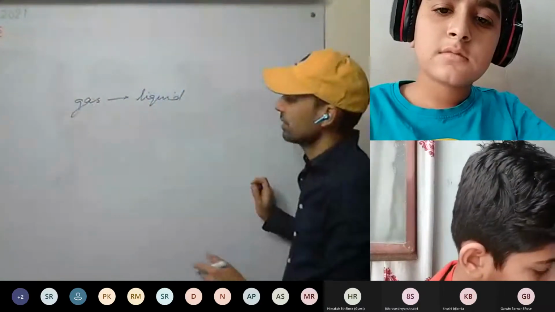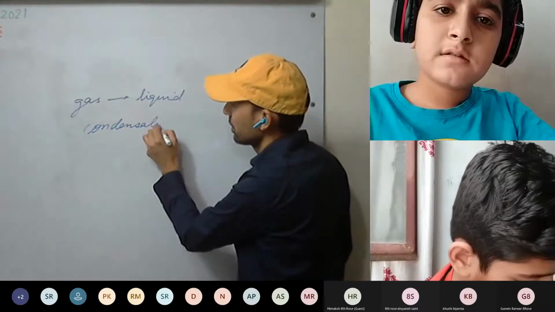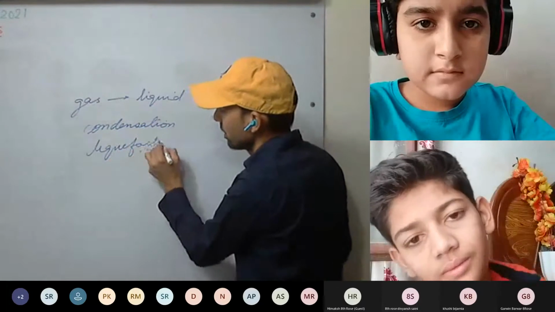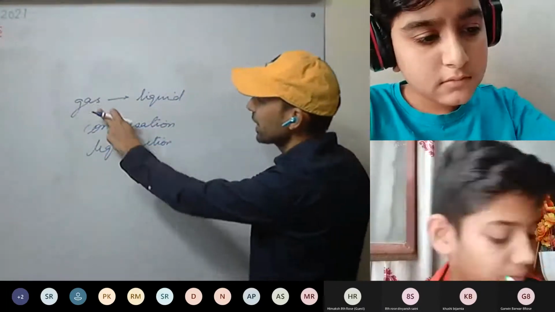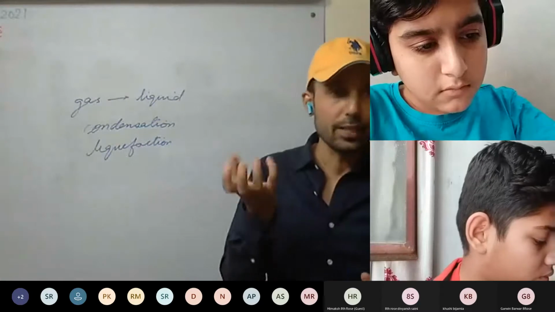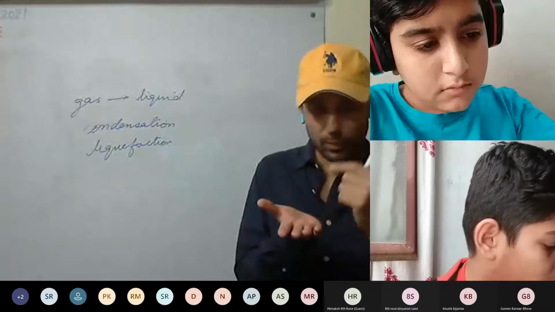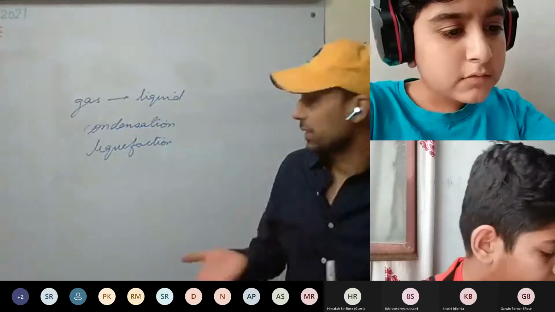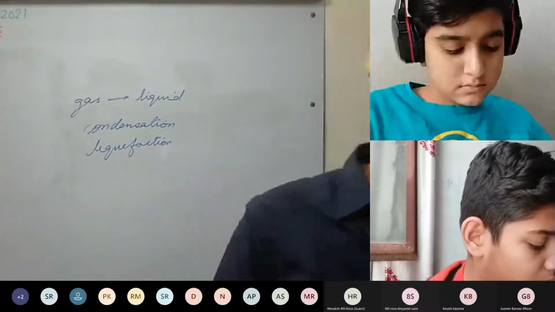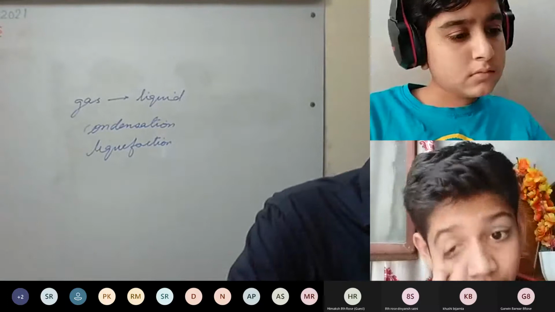It is called condensation or liquefaction. Always remember, it is gaseous to liquid. It is condensation. Like you have read that dew condenses on leaves, the vapor has condensed into water droplets.